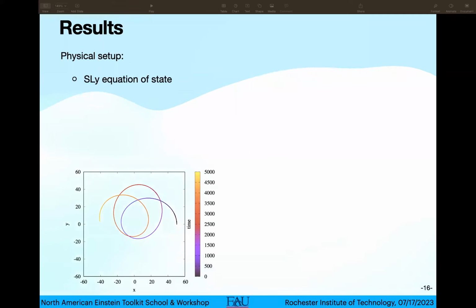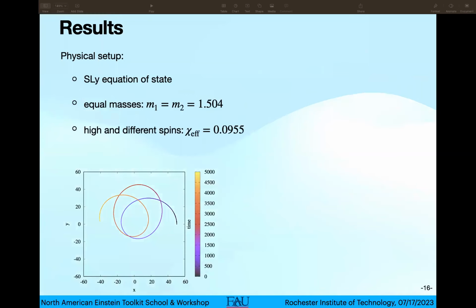The other details related to our numerical setup are the type of the equation of state and the value of the masses. We are dealing with the equal masses case and the high spins. So here we have the dimensionless spin parameter equal to almost 0.1.